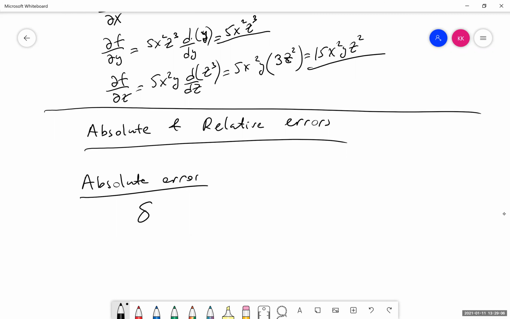So let's say this quantity x is a calculation or derivation, then its absolute error is delta x. You can also write it as plus minus delta x when you talk about the reliability of your quantity. This is what we call the absolute error.